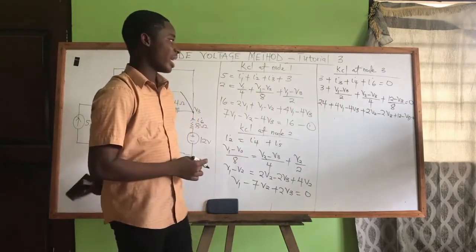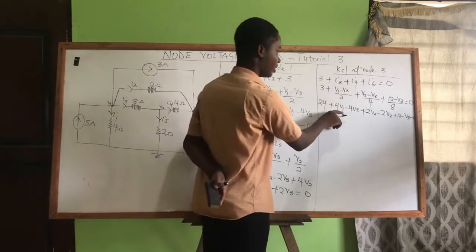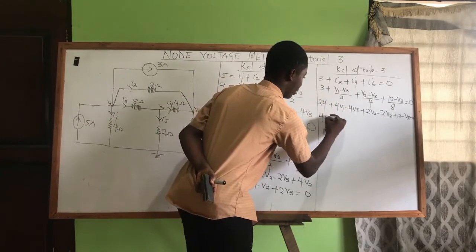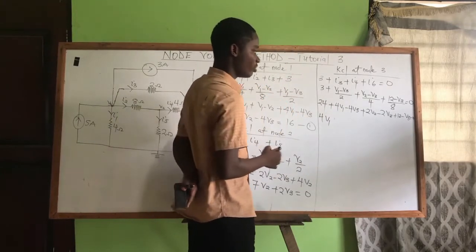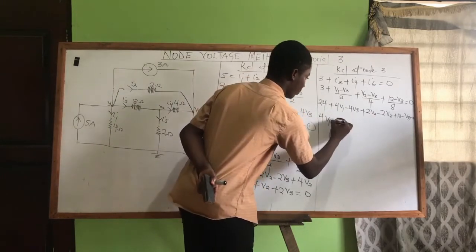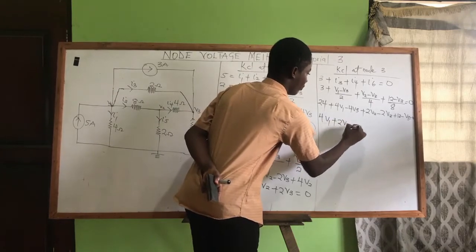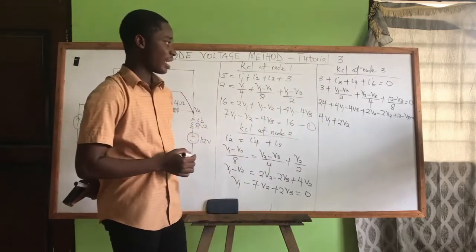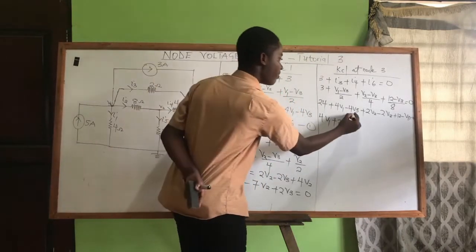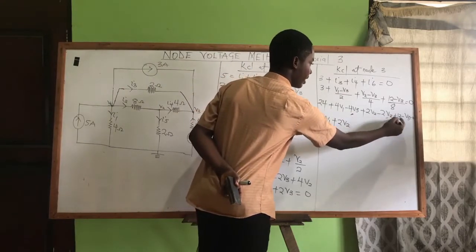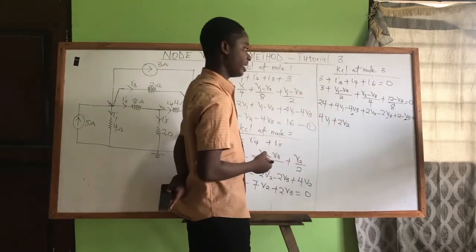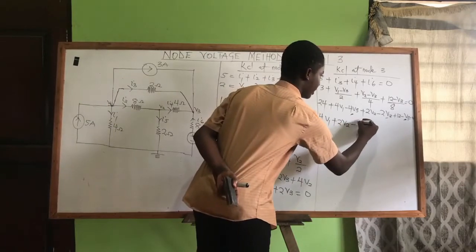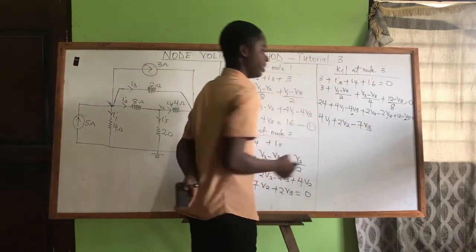So let's group our items. I have 4V1 here. I have V2 here, so plus 2V2. Let's add our V3. Have V3 here, V3 here, another V3 here, giving me minus 7V3.